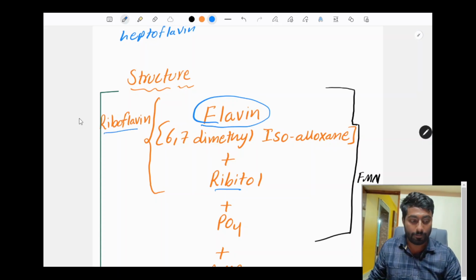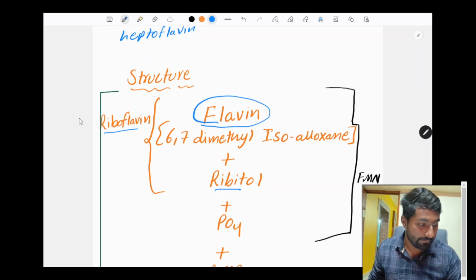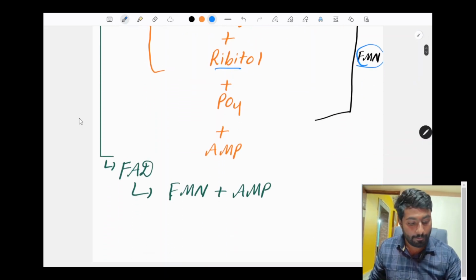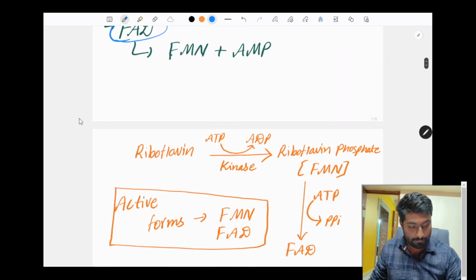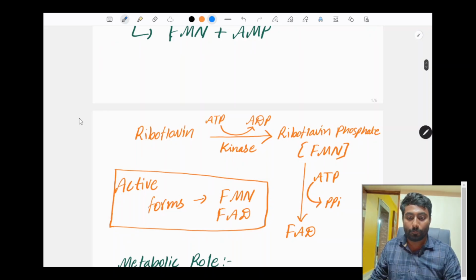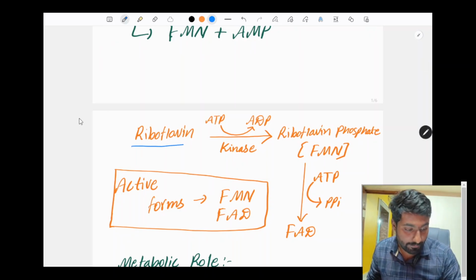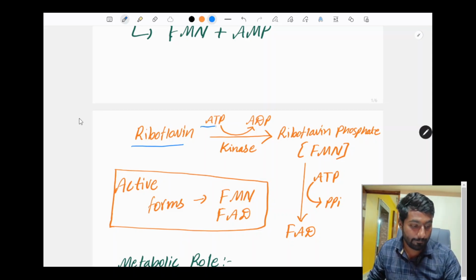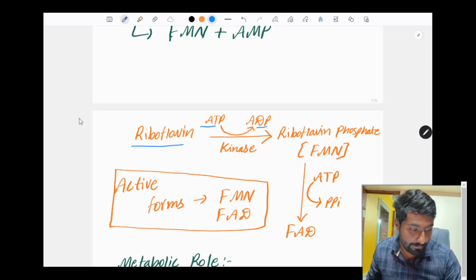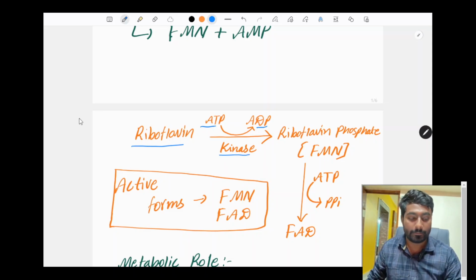If you see the active forms of riboflavin, it is either FMN or FAD. How is FMN formed? If you add a phosphate group to riboflavin, who is donating the phosphate group, students? It is ATP getting converted into ADP with the help of kinase.